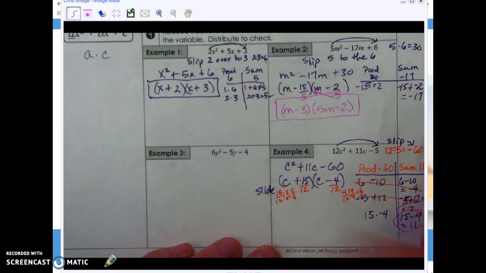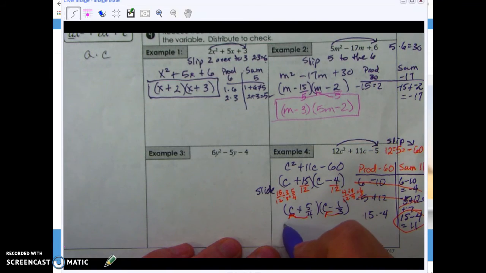So this is going to be c plus 5 over 4, and this one is going to be c minus 1 over 3. Now I'm going to slip the 4 over to the front of the variable, and I'm going to slip the 3 over to the front of the variable.